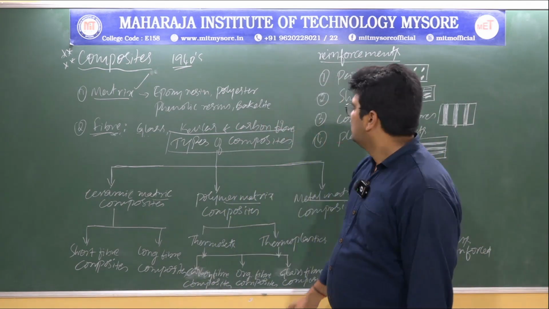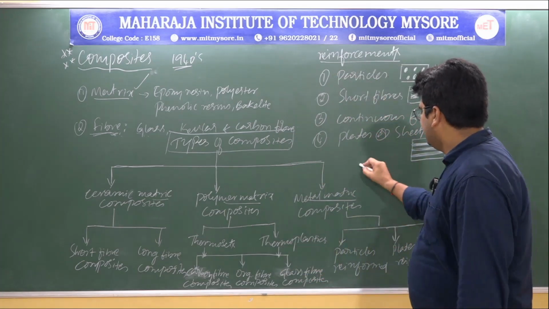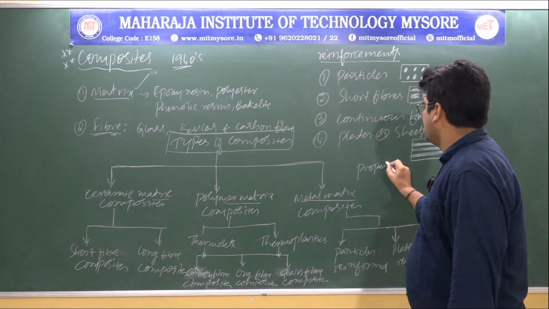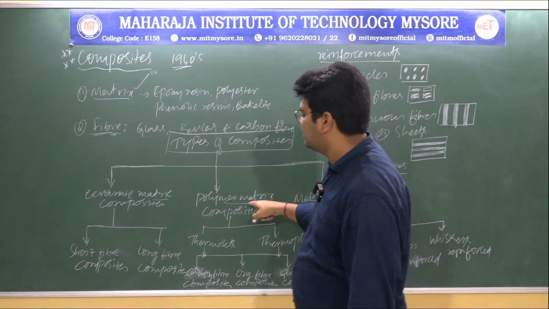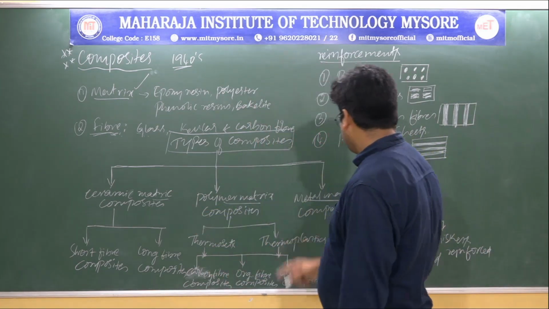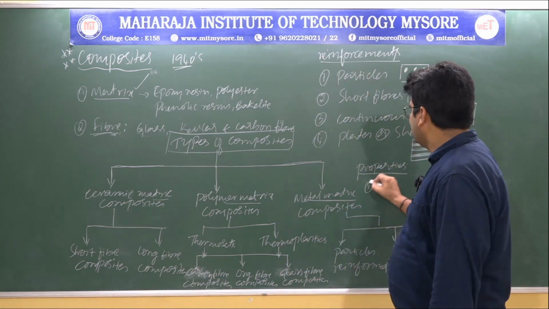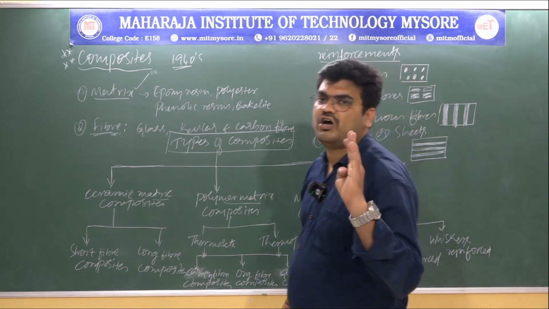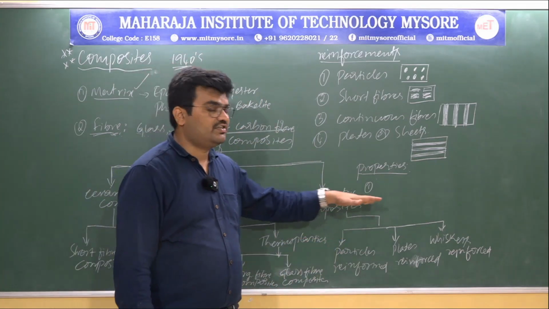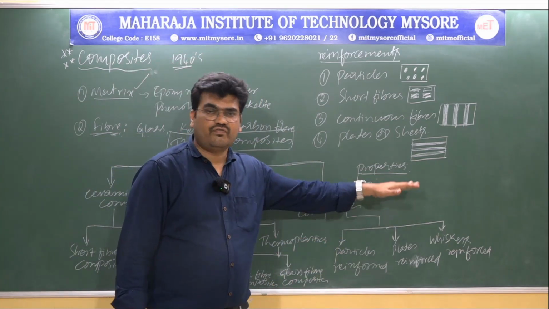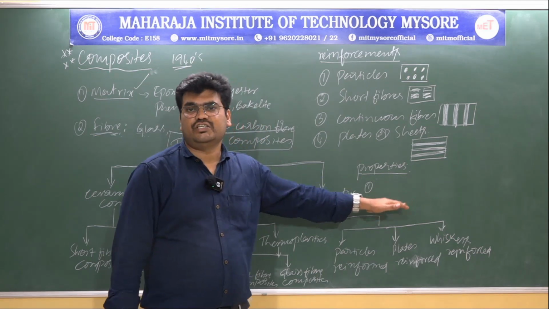So remember, if you see the general properties, I am not restricting this to only polymer matrix composites or ceramic matrix composites or metal matrix composites. In general, they are very strong, but weight is very much less, right? They exhibit high stiffness, very high impact strength, tensile strength, everything.